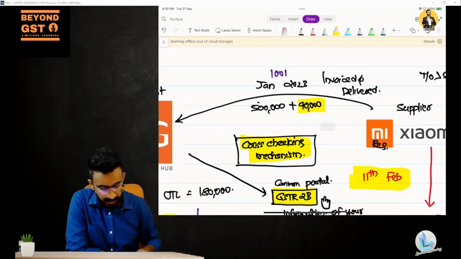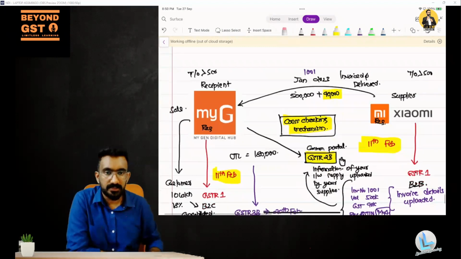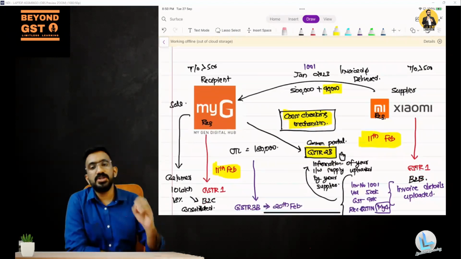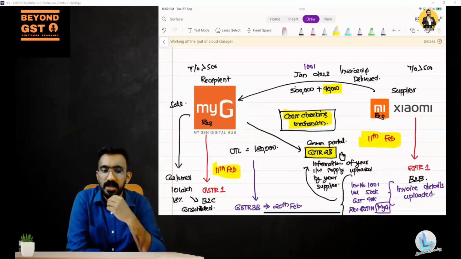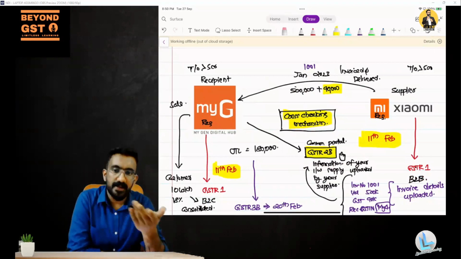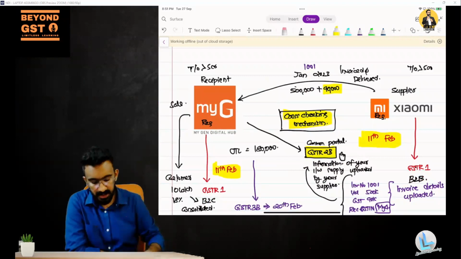Jan 2023, invoice is given, delivery is also done. So ideally, when MyG is purchasing from Xiaomi, who can take ITC? Give me the answer in the chat box. Who can take ITC? MyG can take ITC. There is no doubt about that. MyG can take ITC. How much ITC can MyG take?